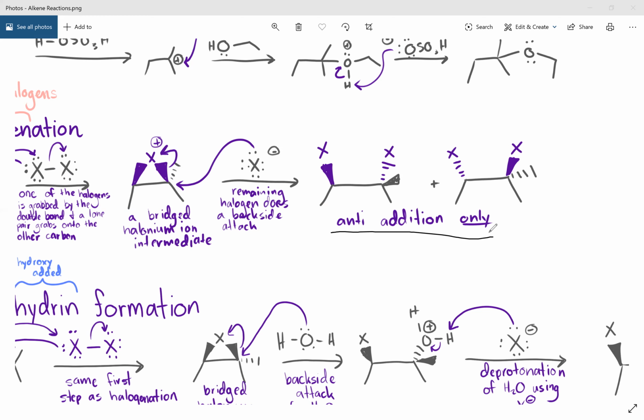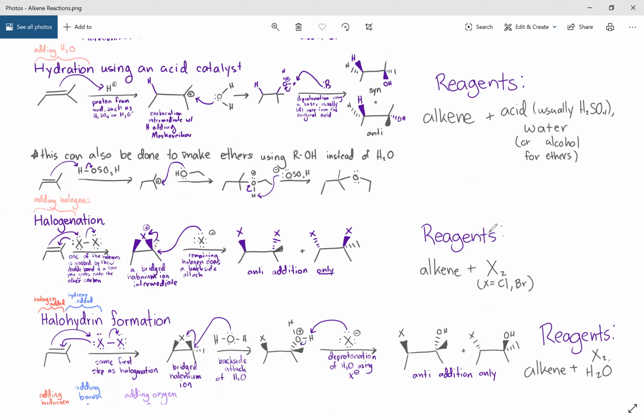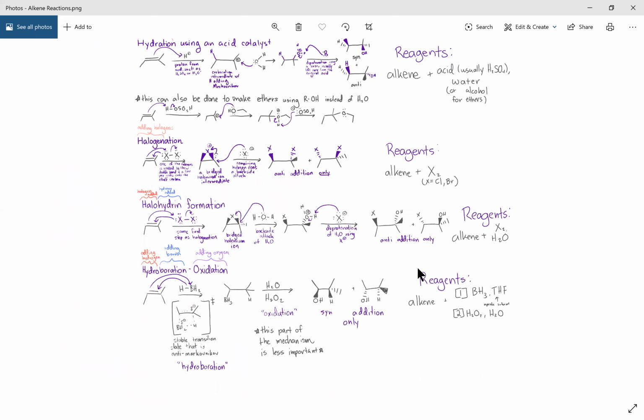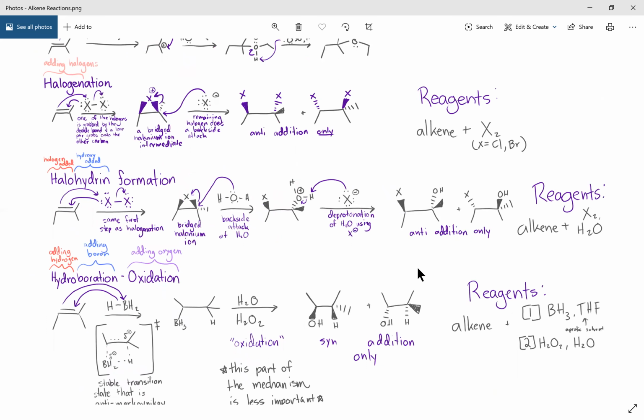So, just to reiterate, when we have a carbocation, we'll do syn and anti-addition. When we have a bridged halonium ion, we're only going to do anti-addition. And the reagents for halogenation are just an alkene and then X2, where X is Cl or Br. Okay?